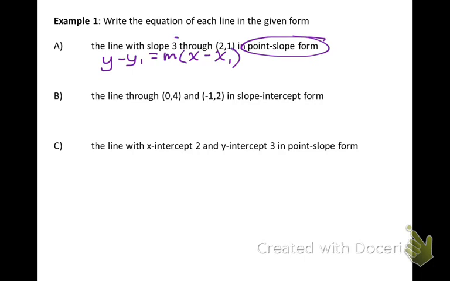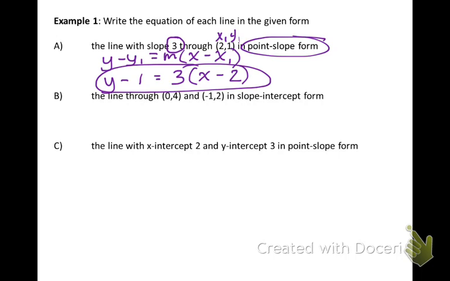They give you the slope, so you can plug in 3. This y and this x won't change. The slope they told us is 3, and they said 2 and 1 are your x1 and y1. So x1 would be 2 here and y1 is 1 here, and here's your answer.